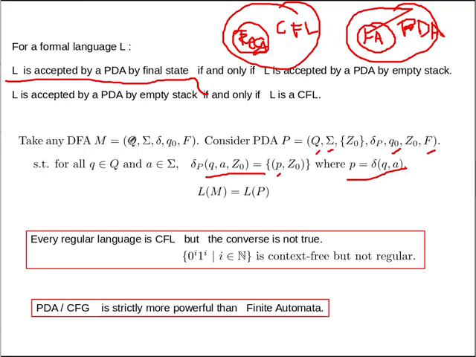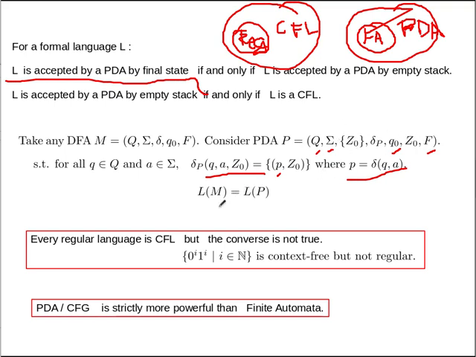Instead of DFA, I could have taken NFA with epsilon transitions, because those are already inbuilt in this PDA definition. But anyway, DFA will make it simpler. But yeah, the extra power that the PDA has is just manipulating the stack.